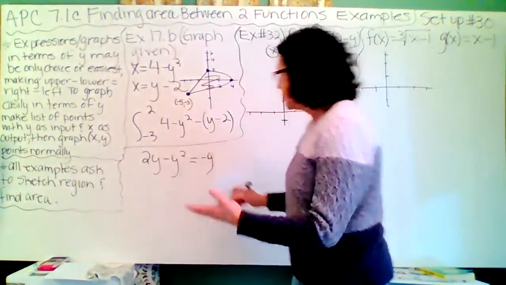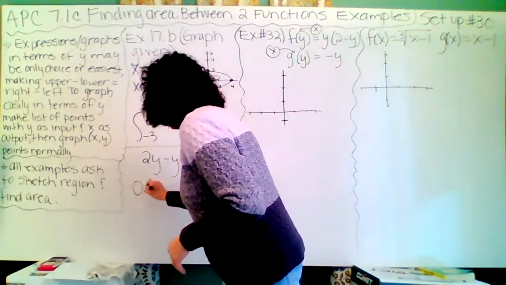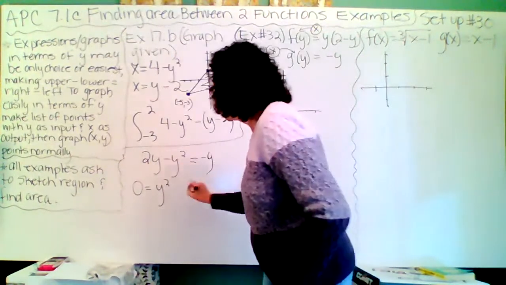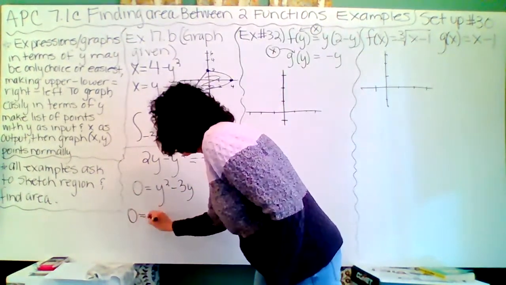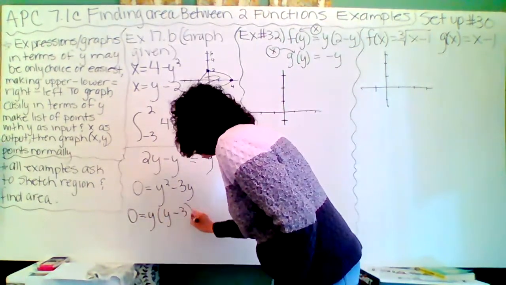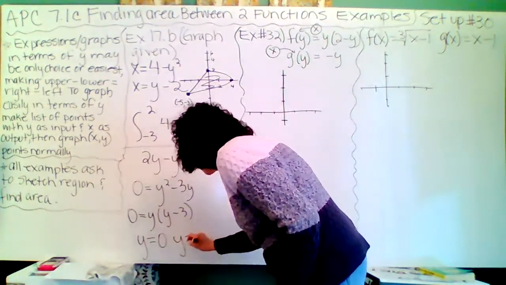If it's okay with you, I'm just going to bring everything to the right. So I'm going to add a y squared to both sides and subtract a 2y. So I have minus 3y. That would be, when I factor, y times y minus 3. There we go. So I am going from a y of 0 to a y of 3.